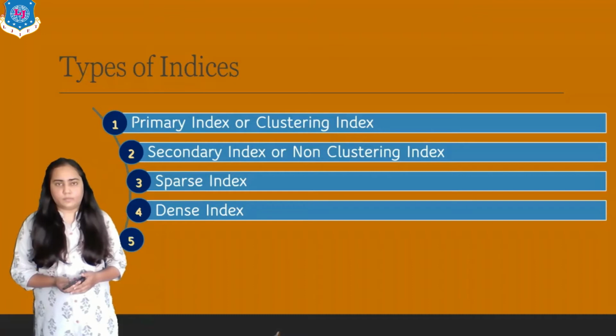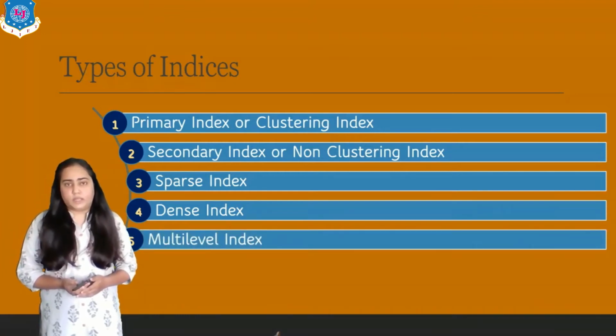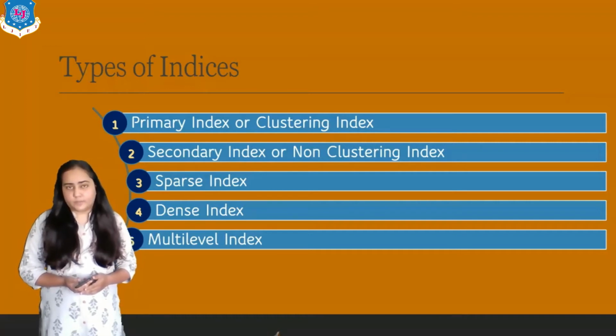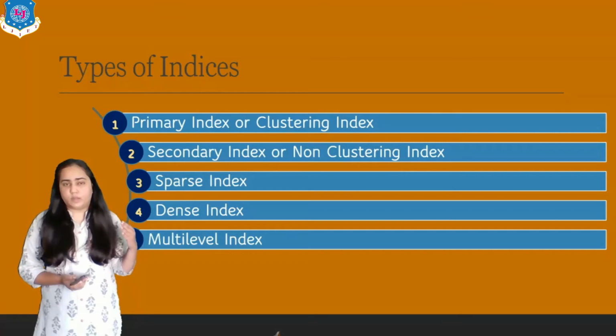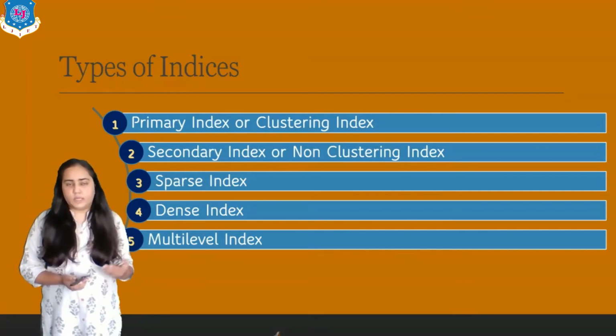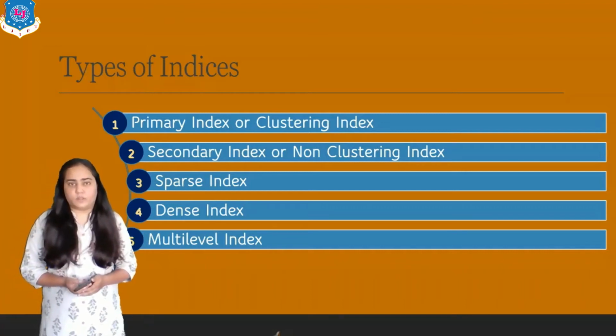The fifth type of index is a multi-level index. Now, in this video, I'm going to talk about the first 4 indices. And for the 5th index, I have 2 more videos which you can watch and understand what a multi-level index is. But the first 4 I'm going to cover in this one.